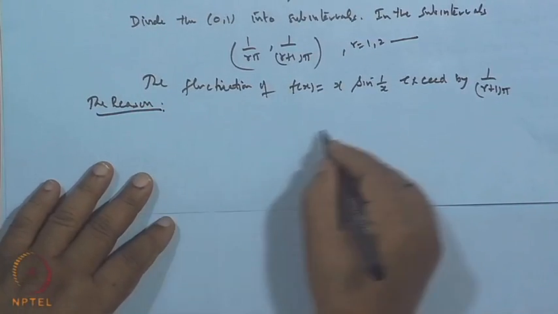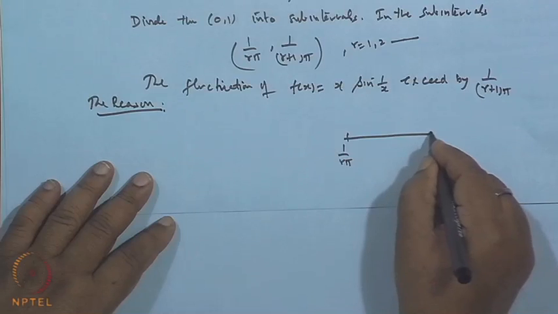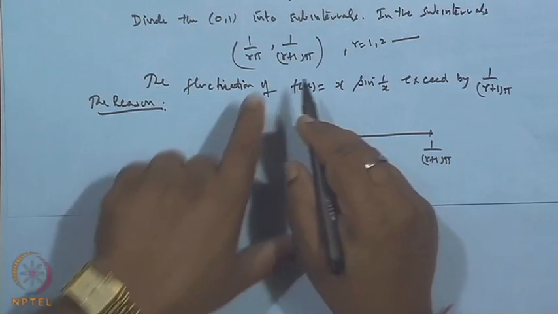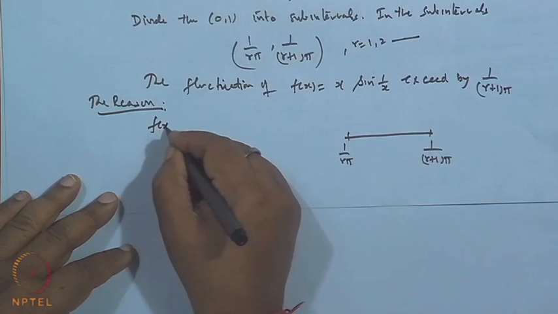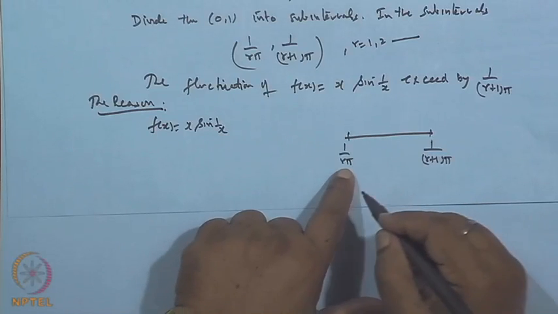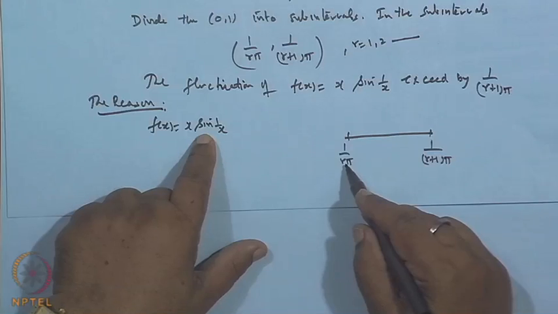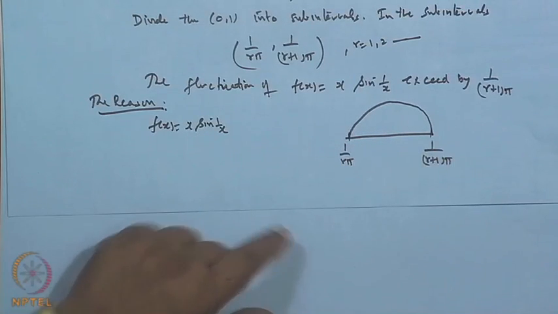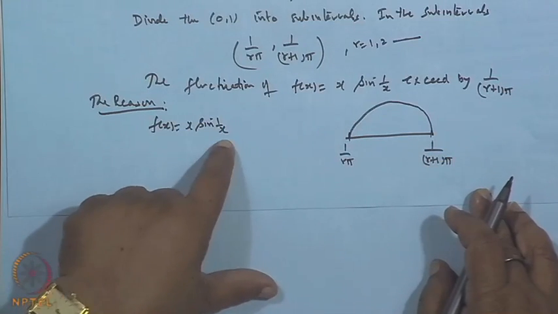This is our interval 1/(r pi), this is 1/((r+1) pi). At the end points the sine is 0, because it is an integral multiple of pi. So the function will go like this, because at these end points r pi or (r+1) pi, the value is 0.